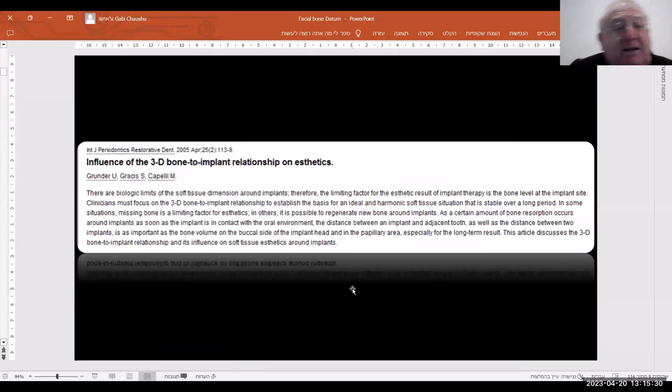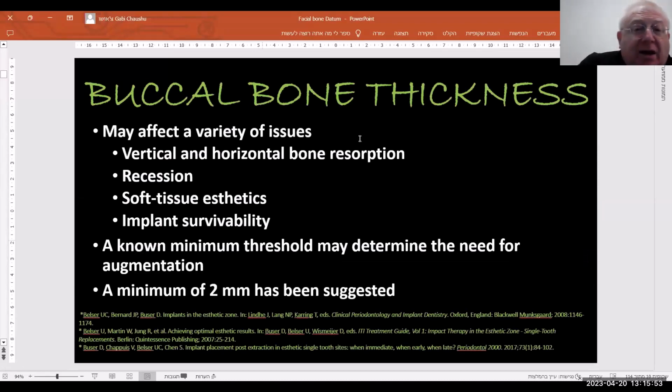Another classical study comes from Grunder in 2005, demonstrating the same basic principles and stating that we need at least 2, preferably 4 millimeters buccal to the implant in order to have a stable aesthetic result over a long time. So the issue is the buccal bone thickness.